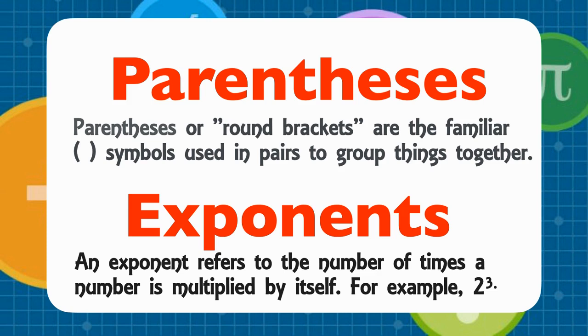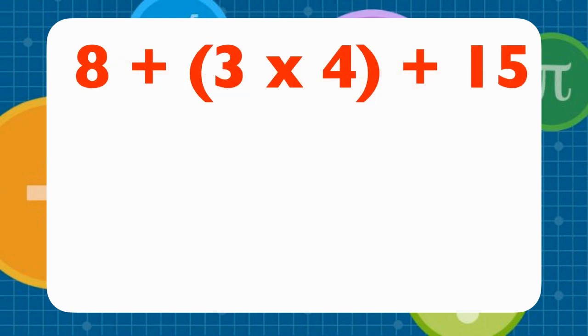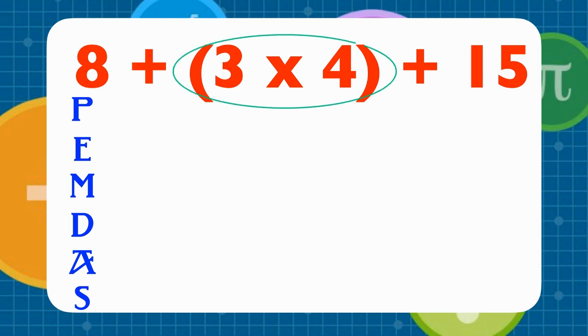Now, let's put it all into practice. Let's look at this: 8 plus (3 times 4) plus 15. Of course, we see our parentheses, we see our brackets. But we know how to do this, right? Why? Because we know all about, yes, you said it, PEMDAS. Good. And based on PEMDAS, we know that we must do our parentheses first.